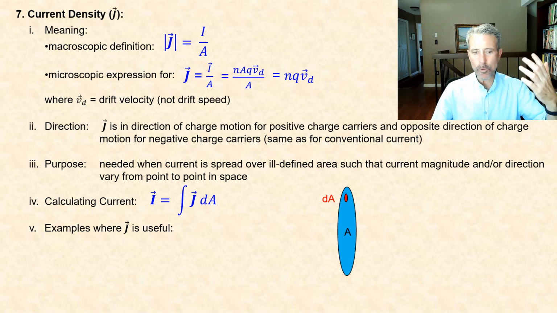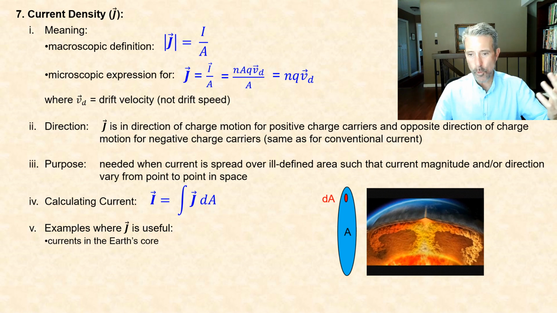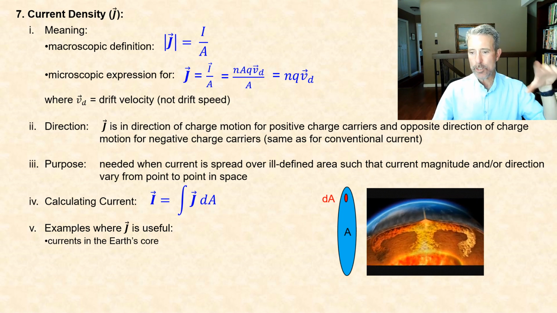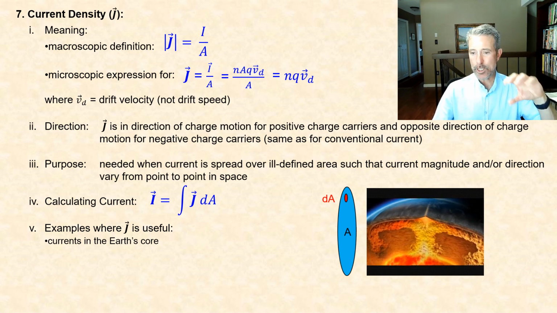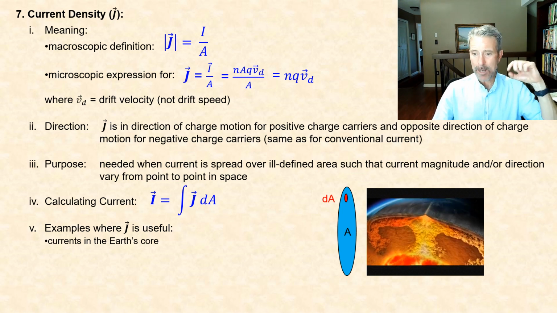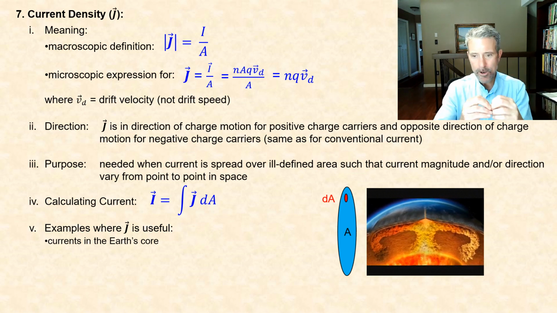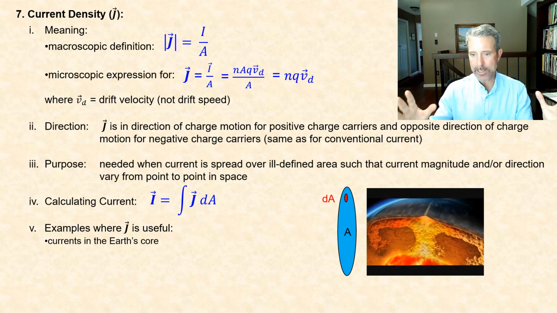So examples where the concept of current density would be useful or required, where just calculating a conventional current would cause problems for us, where it would not be accurate: currents in the Earth's core. When you look at the motion of charges in the Earth's core due to the convection current set up, the amount of charge passing a certain point in space per unit time is not constant over a big region of space.